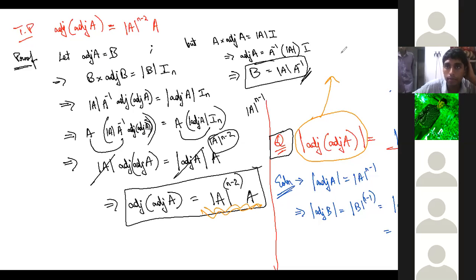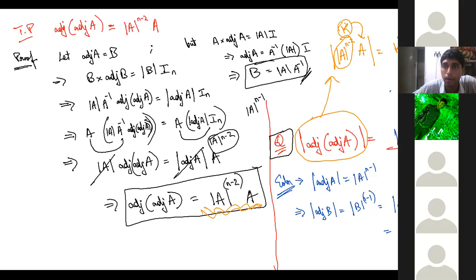Using that result, I am writing determinant of A power n minus 2 times of A. Now, if you assume that this is some k times of A, then again, as I told, this becomes k power n times of delta. This is what I explained the last time. Because k, when you're multiplying with a matrix, it spreads over every element. But then when you want to bring it outside the determinant, you have to bring it out from each row or each column.